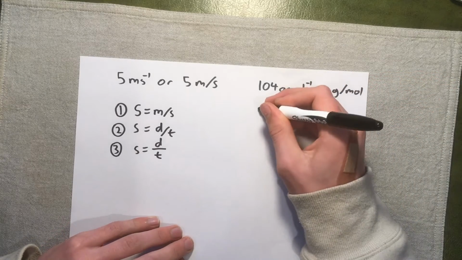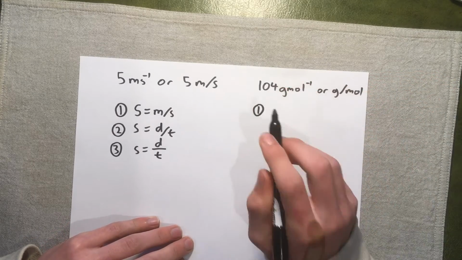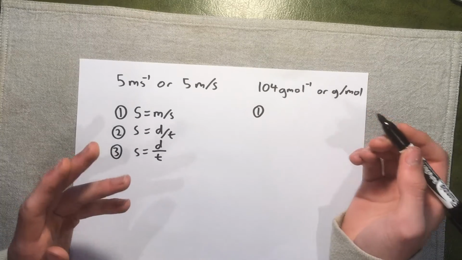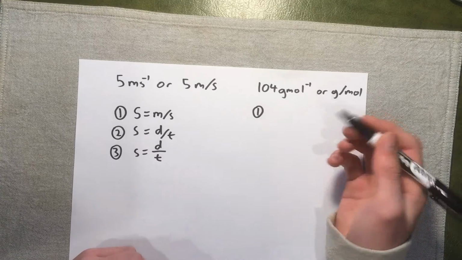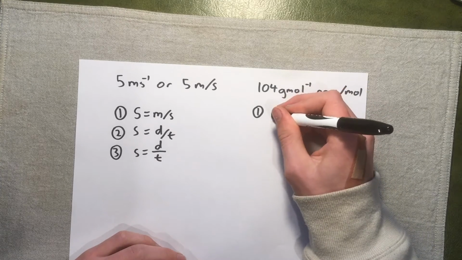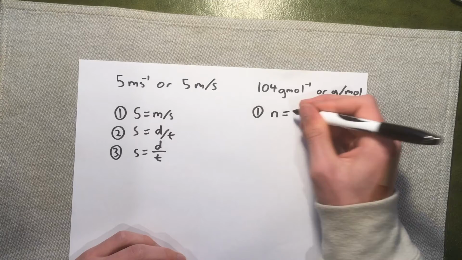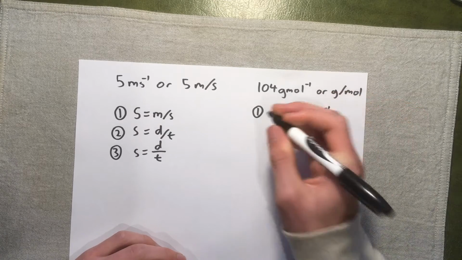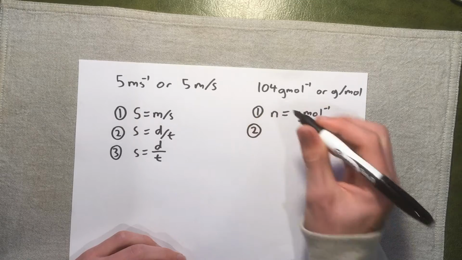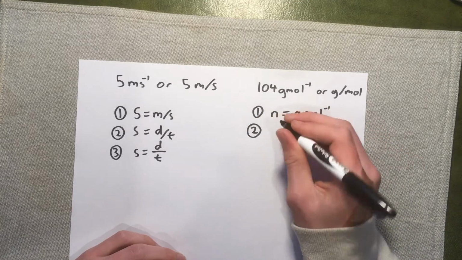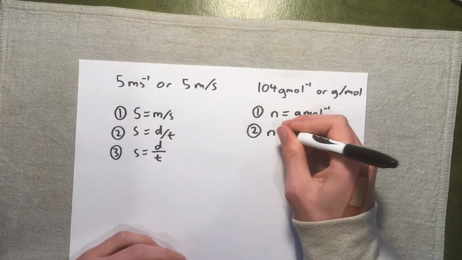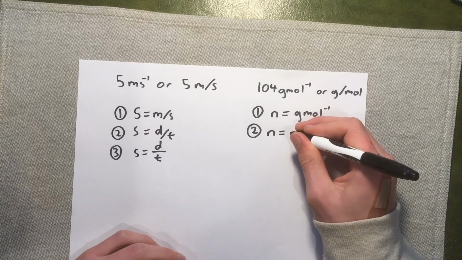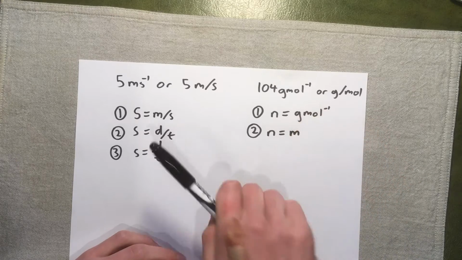Now, step 1, identify the units. This is molar mass, and officially it is denoted using an M, and we can say molar mass is equal to grams per mole. Step 2, change units to symbols. We've already got our symbol. Grams, we know, is obviously mass, so that is denoted using a lowercase m.